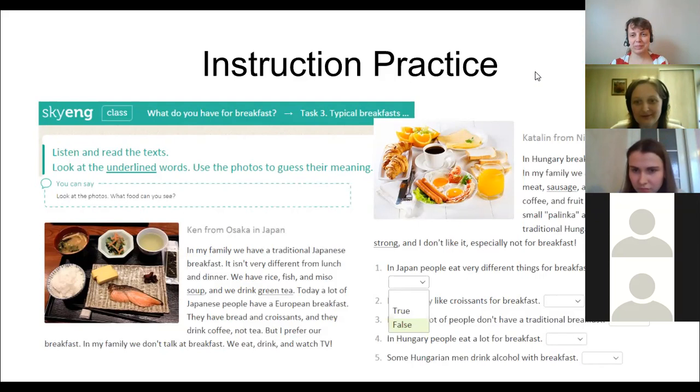Okay, let's try with the second text about Katalin. In Hungary, breakfast is an important meal. In my family, we have eggs, cheese, cold meat, sausage, and bread. Sausage, I think it's on the second picture, because it looks like the Russian word.